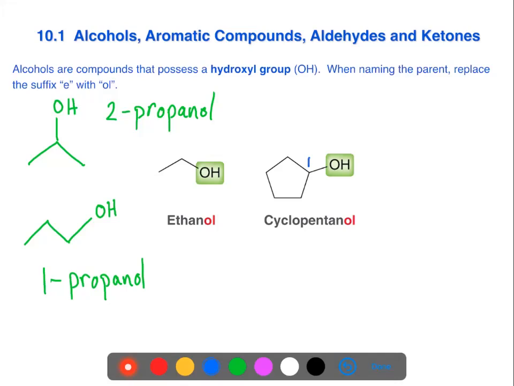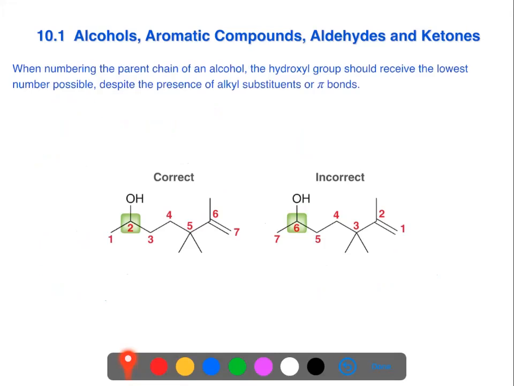So every other substituent with respect to that hydroxyl group on the ring will be given a numerical locant. So for example, if I was to include an ethyl group at that position, we would refer to this as a 2-ethyl cyclopentanol.